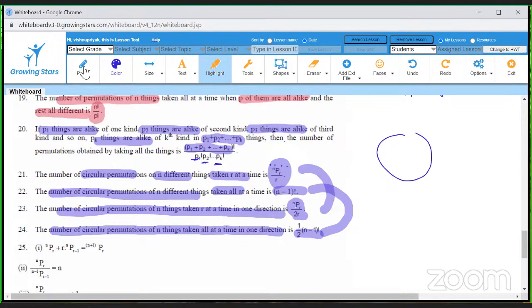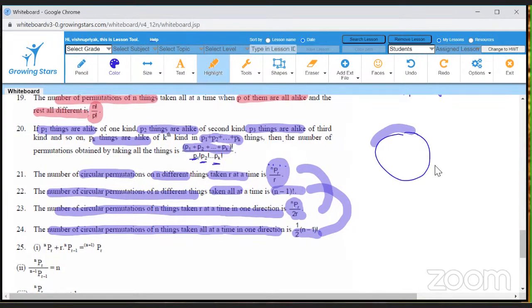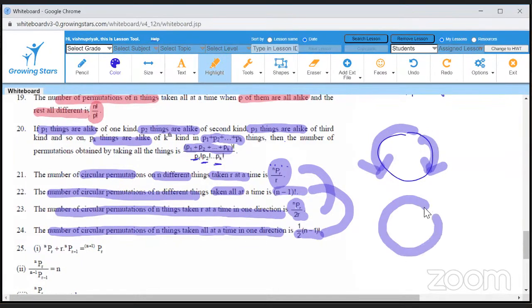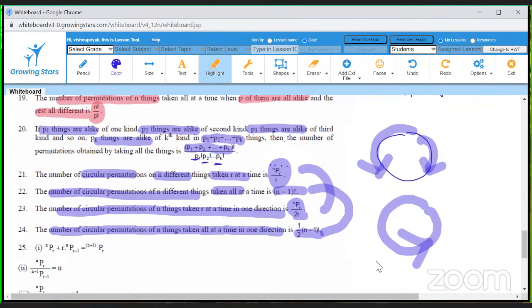Because when you are seeing circular permutation, you can see in this direction as well as this direction, and you can count the arrangements. Whereas in the second one, they said circular permutation in one direction, that means only in this direction. That is the difference.